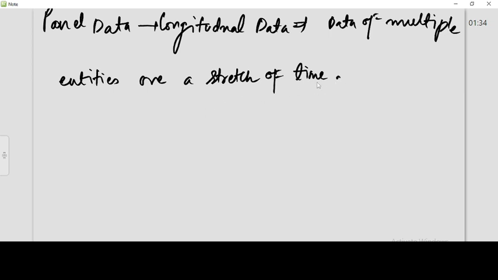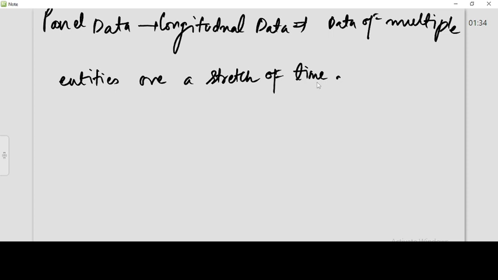It's like collecting the GDP of any 10 countries over a range of time, that is you can say from 2010 to 2020. So that becomes your panel data.